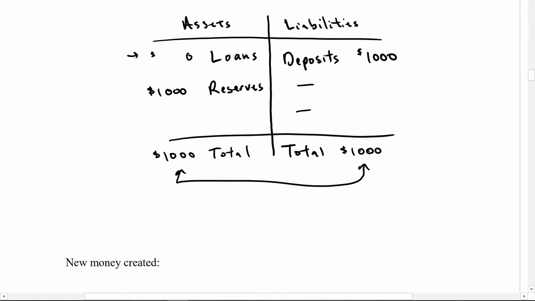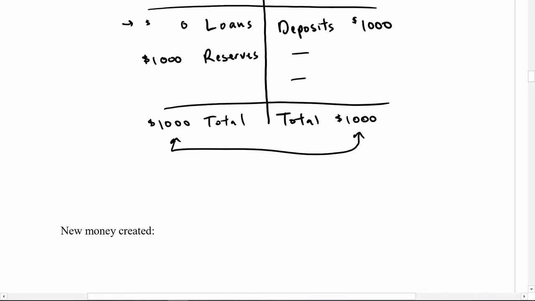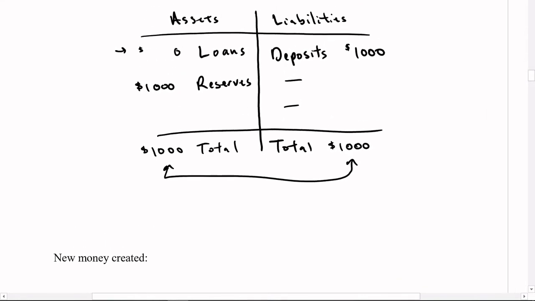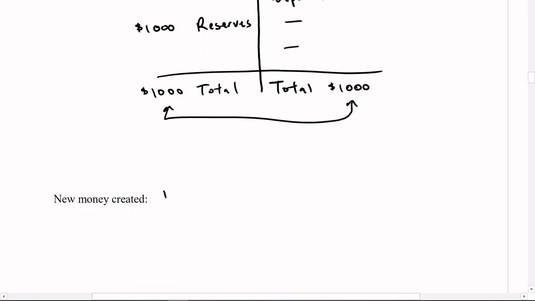So almost no banks would have a system like this. They wouldn't have any way to make money. And so in this case, the new money created through the banking system is 0. We'll see in the next scenario how that differs in fractional reserve banking.